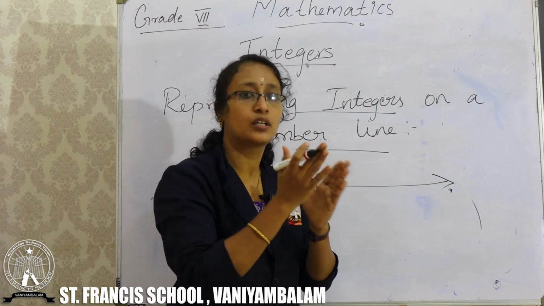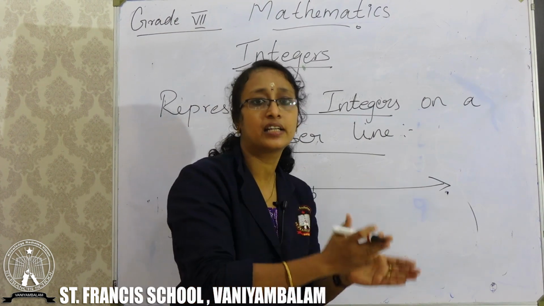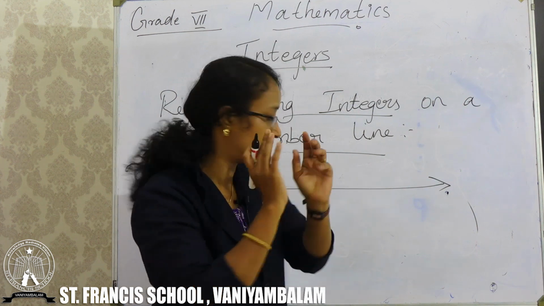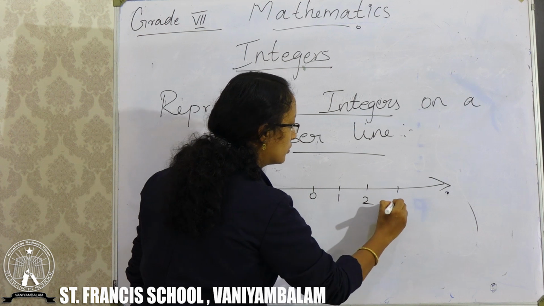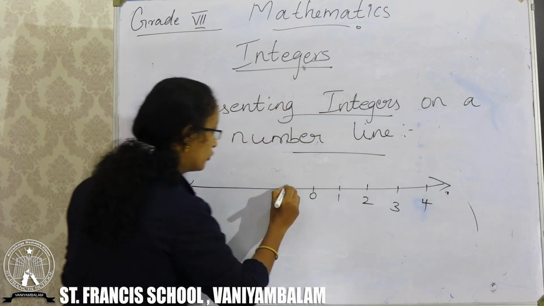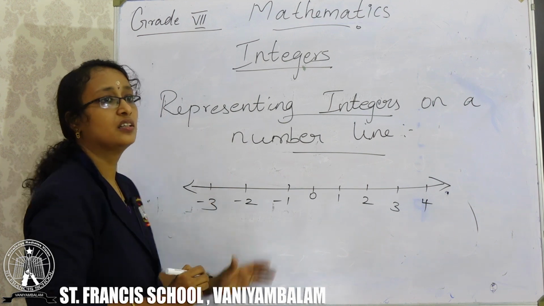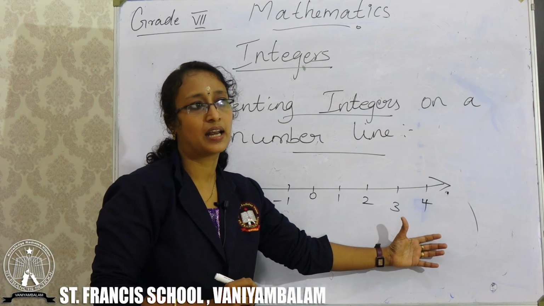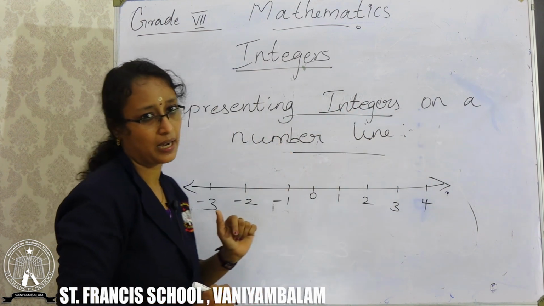Natural numbers including 0 are your whole numbers, and whole numbers and the negative numbers together are your integers. So 0, 1, 2, 3, 4, -1, -2, -3. This is your number line. So representing integers on a number line.